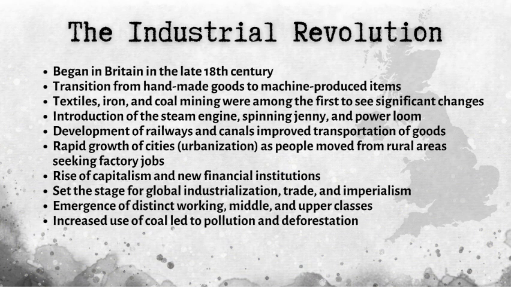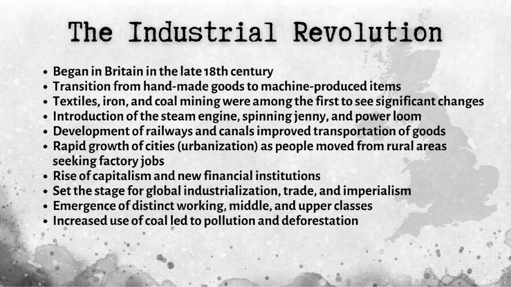So, here we have, it began in Britain in the late 18th century. We see a transition from handmade goods to machine-produced items. Textiles, iron, and coal mining were among the first to see significant changes. We see the introduction of the steam engine, the spinning jenny, and the power loom, the development of railways and canals that improved transportation of goods, the rapid growth of cities, which we know is called urbanization, as people moved from rural, like farming areas, seeking factory jobs in bigger cities.